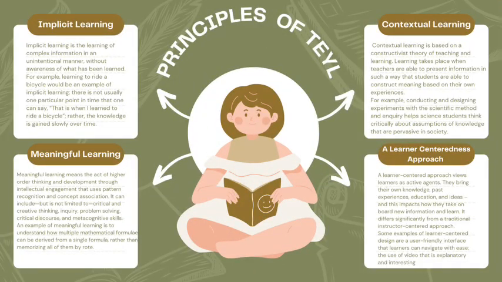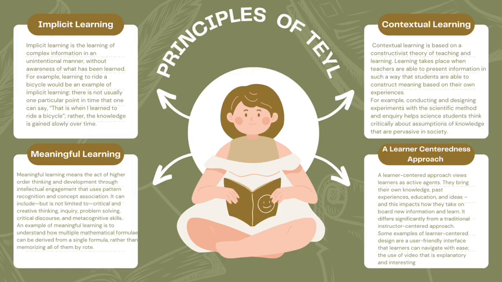For the last material, it is about the principles of TEYL. The first is implicit learning. Implicit learning is the learning of complex information in an unintentional manner, without awareness. In implicit learning, we are not aware that we are studying.